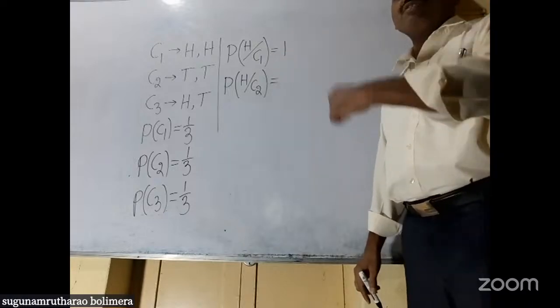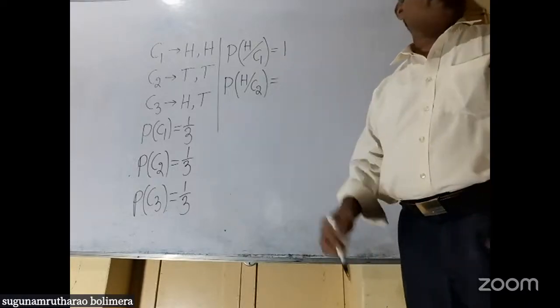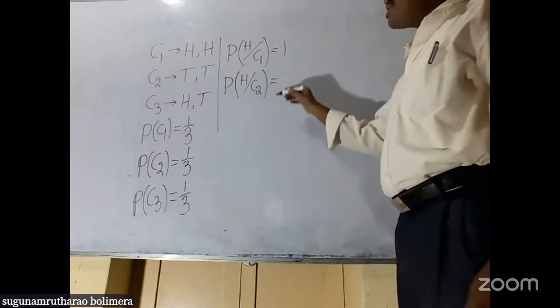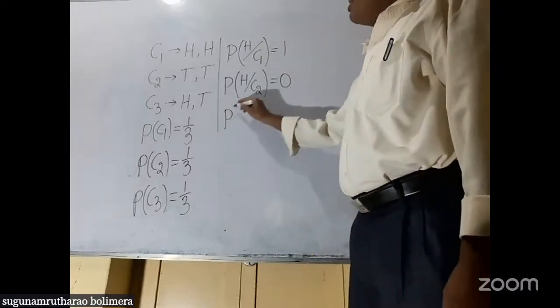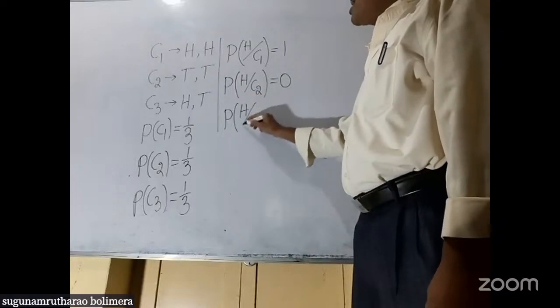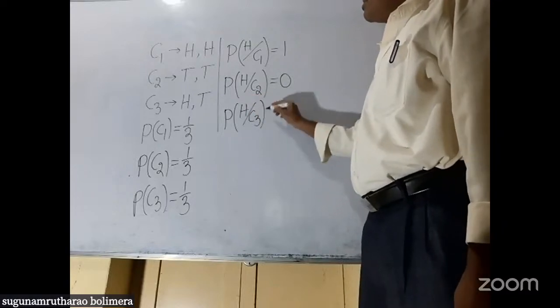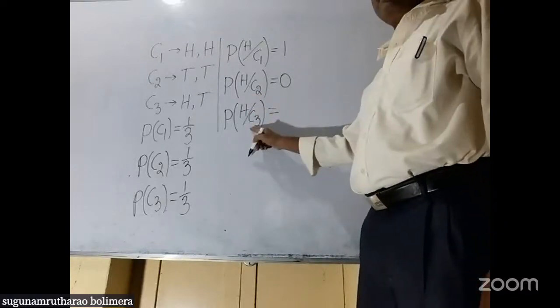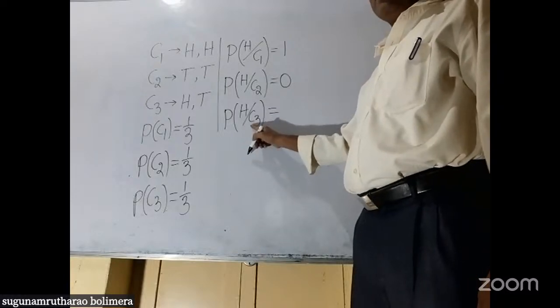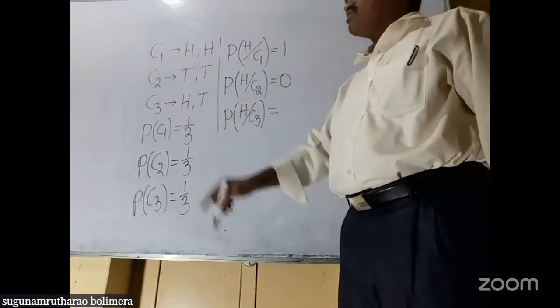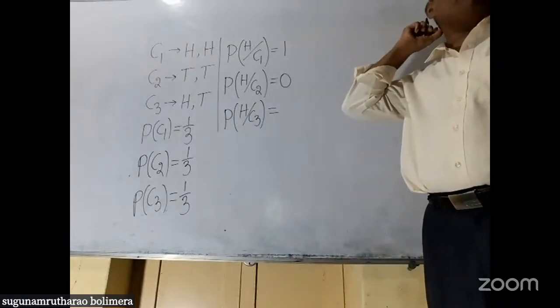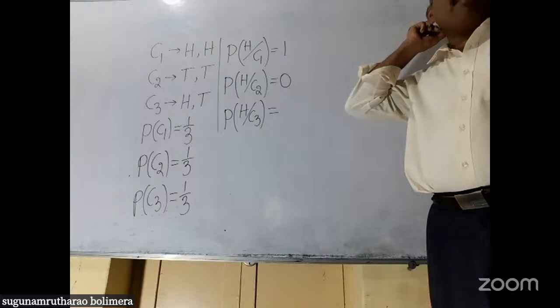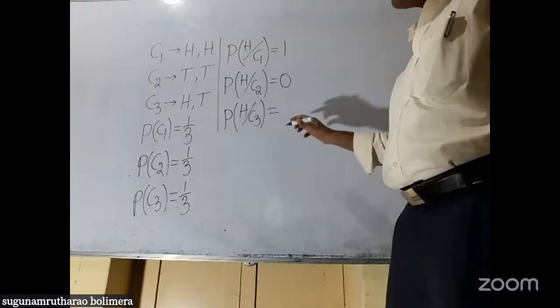C2 is having both tails. There is no head. It's impossible even, 0. Now the probability of getting head from C3. First C3 is taken, then head from C3. Come on, what is the probability of getting head from C3?